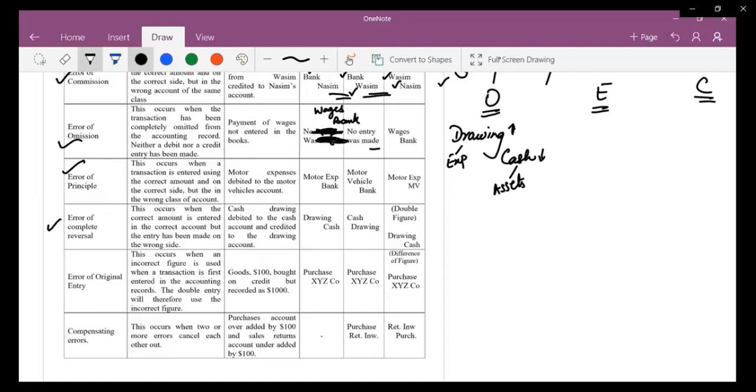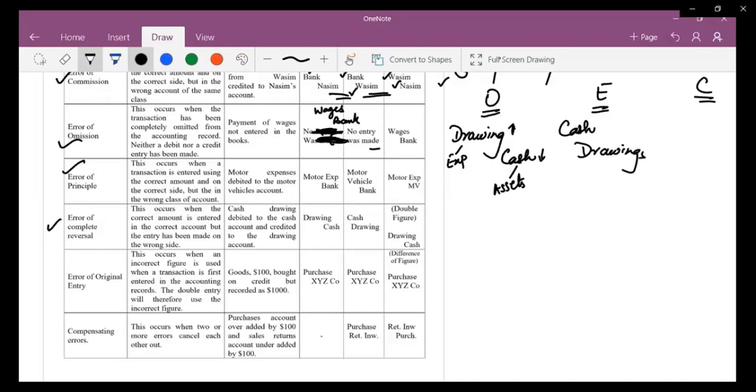By error, the amount was correct this time, $100 on debit and credit side. In fact, the accounts were also correct. The drawing was recorded and the cash was also recorded. But this time the sides were wrong. The cash which was supposed to be credited was debited, and the drawing which was supposed to be debited was credited.